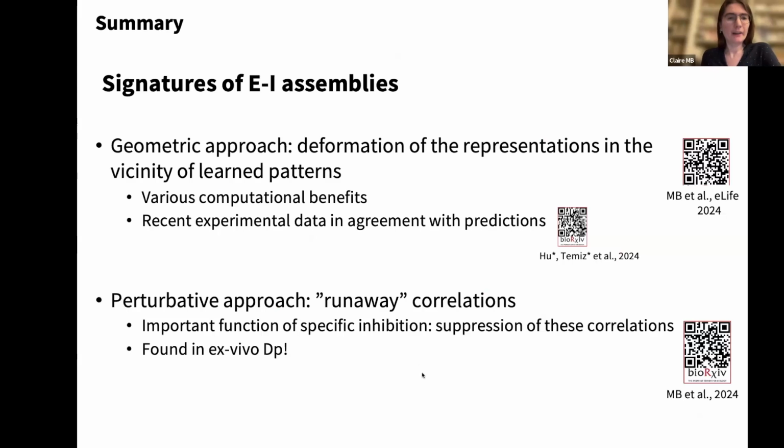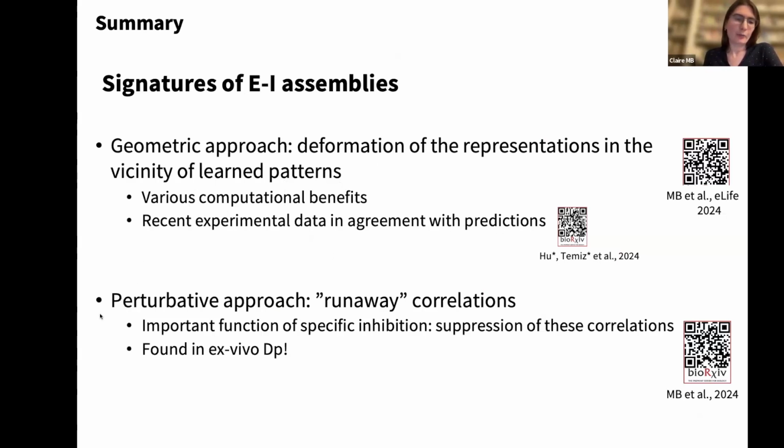So to summarize, I've shown you two signatures of EI assemblies, through two complementary approaches. First, a geometric approach, where you have a deformation of odor representations in the vicinity of learned patterns. This has various computational benefits, and there is recent experimental data which is in agreement with these predictions.